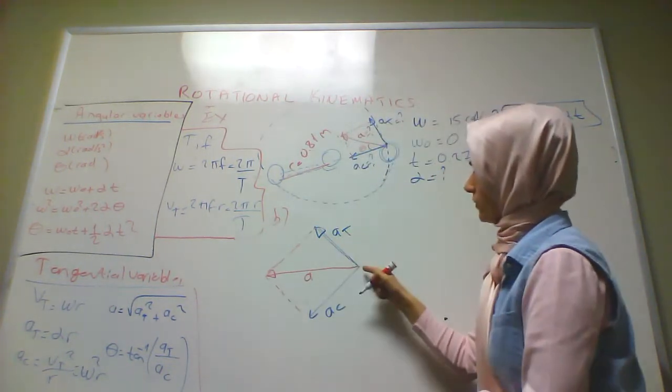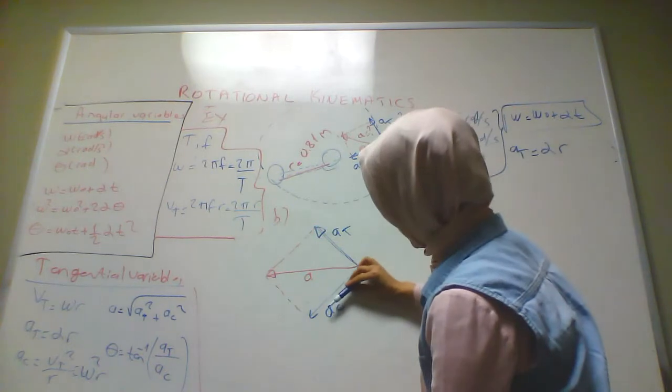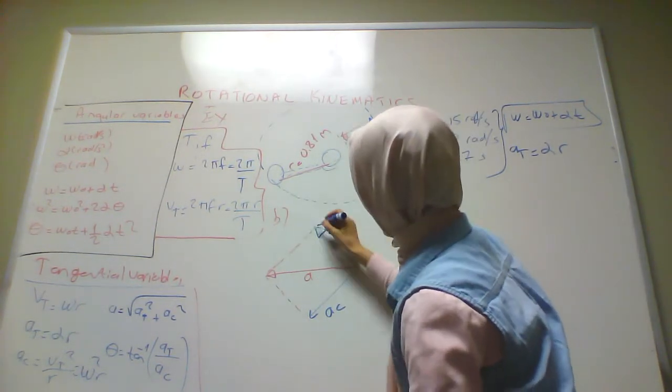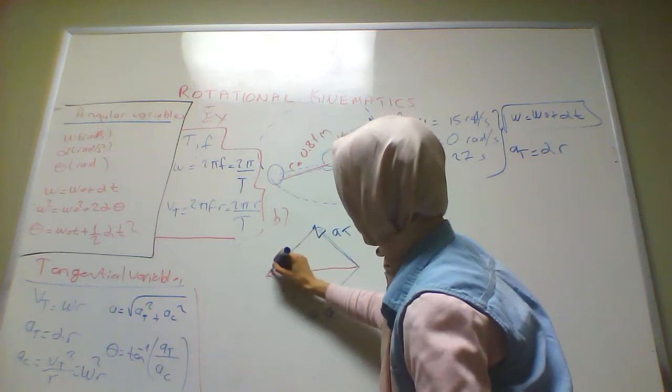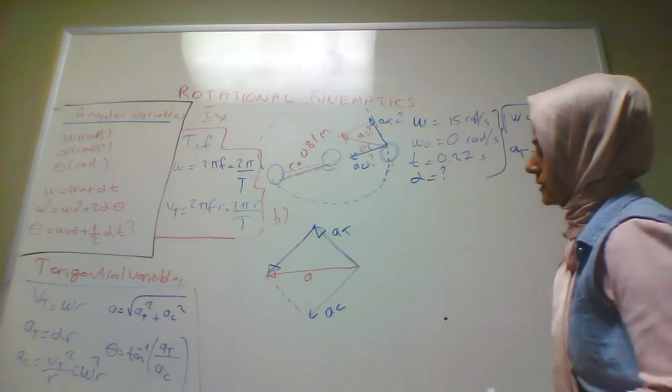Now I'm adding these two vectors using the parallelogram method. If I use the head-to-tail method, what I would do is to carry AC here, right, tail of AC to head of AT. This is also a review for vector addition, which we use quite often for forces in Newton's laws.